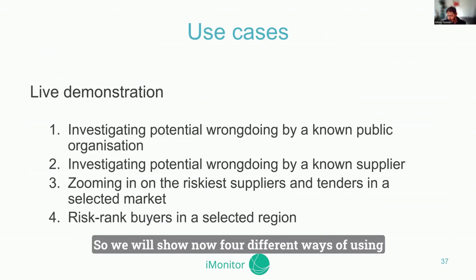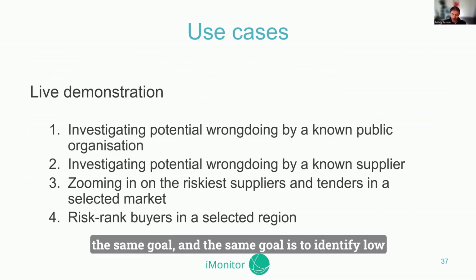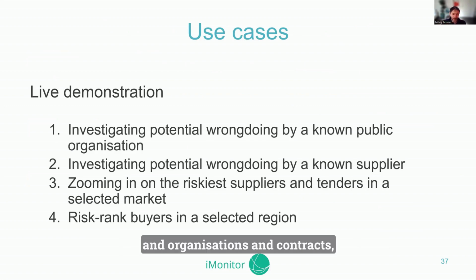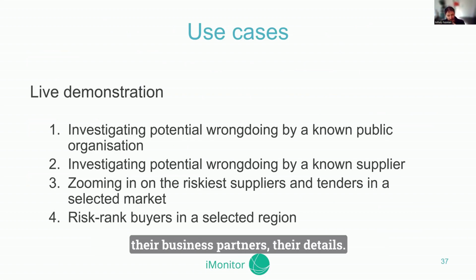So we will show now 4 different ways of using the open tender, using these indicators and this data for, at the end of the day, the same goal, which is to identify low integrity or high corruption risk entities and organizations and contracts, and then explore their activities, their risk profile, their business partners, their details.